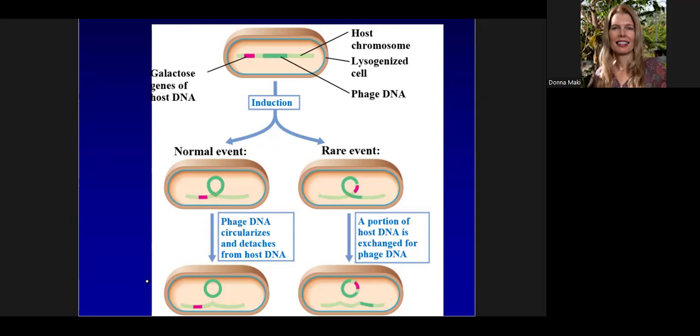It grabs special DNA, which is the flanking host DNA. Not just any piece of the host DNA, but the flanking piece, the piece right next to where the phage DNA is. So it's special DNA.